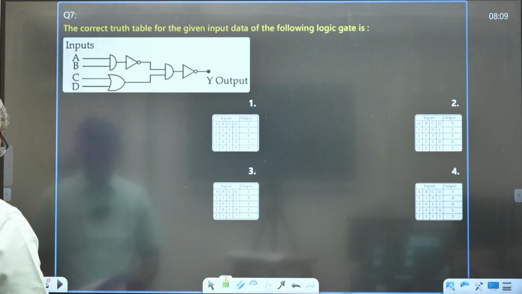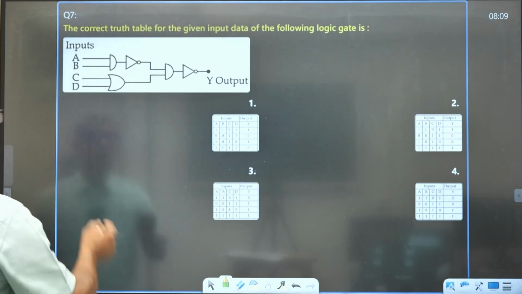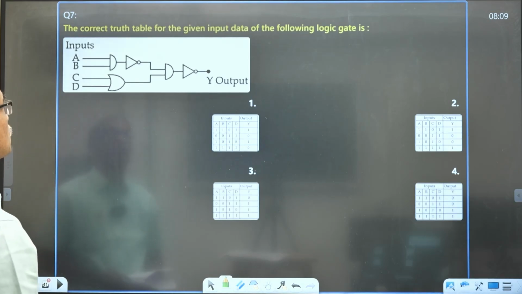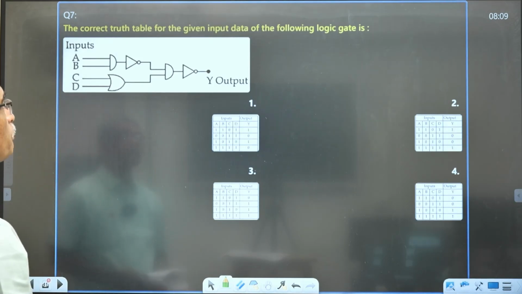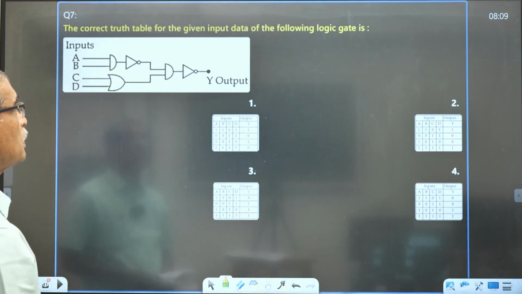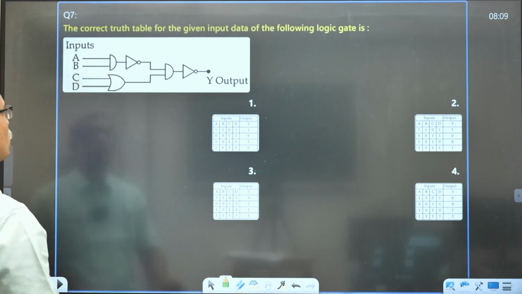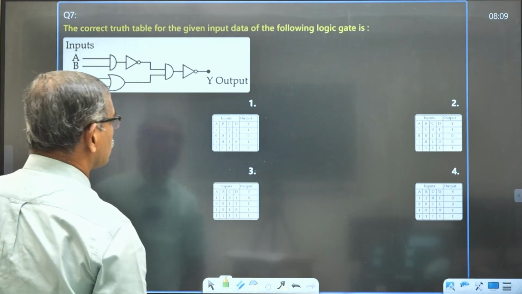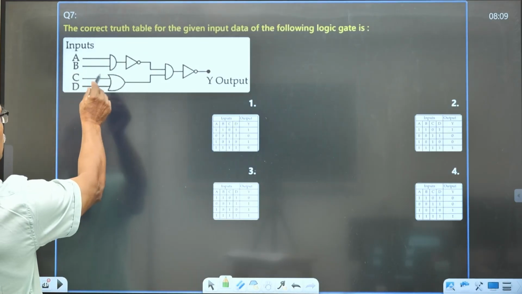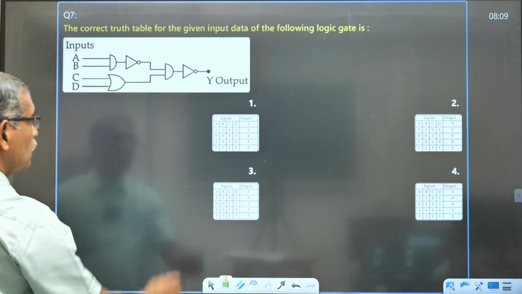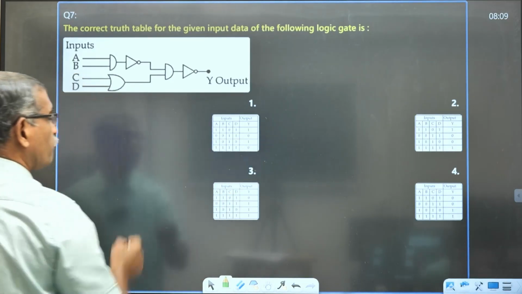Again, a diagram is given and what is the truth table? It is said that the correct truth table for the given input data for the following logic gate is needed. Now you can see this as we did earlier. Give different values for A, B, C and D, and each truth table is verified.